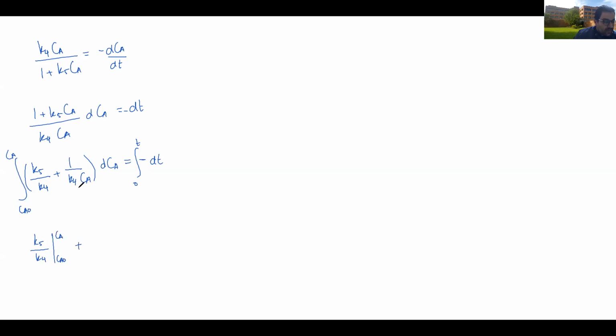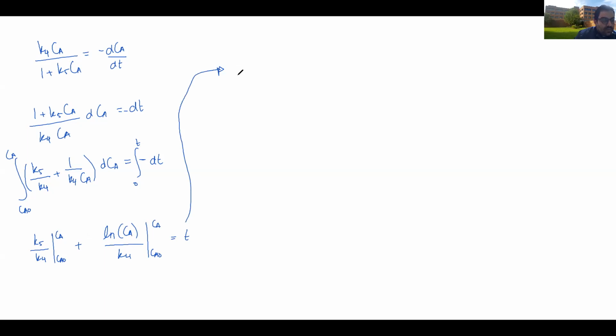plus if I integrate this expression, I'm gonna get ln CA divided by K4 from CA naught to CA, and if I integrate this, I'm just going to get a t. Okay, let's go up here. Let's plug in the numbers.